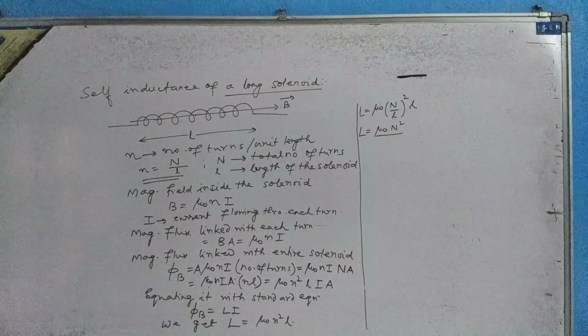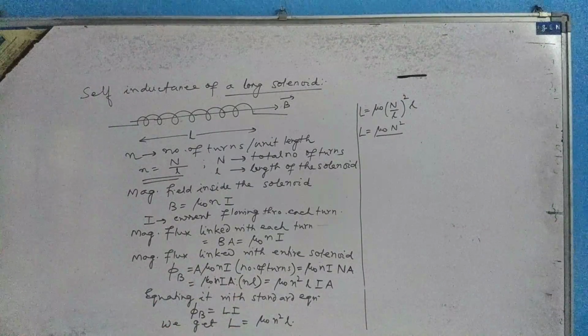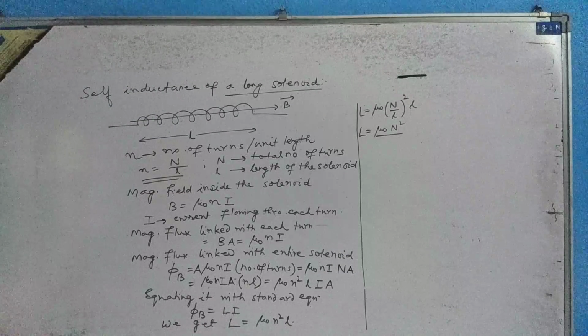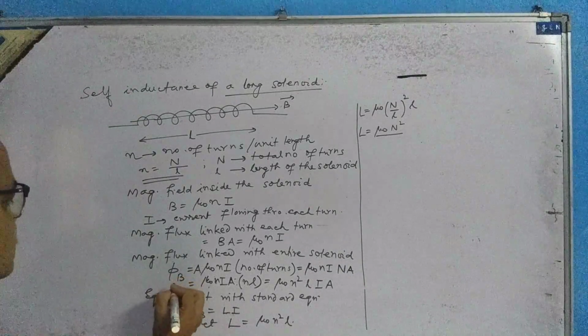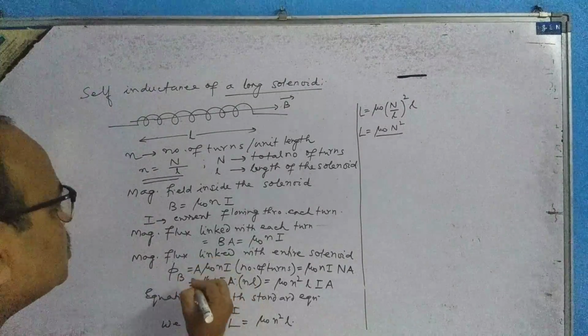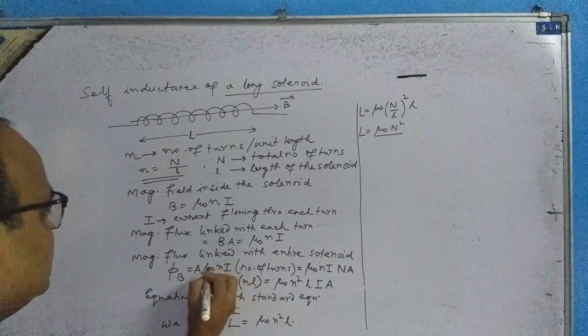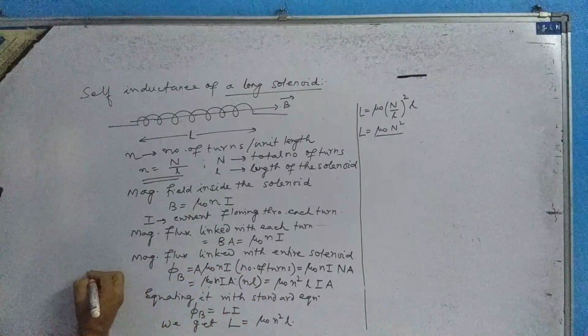So we can write it like this, just you check it. Actually phi B is equal to total amount B into A into total number of turns.